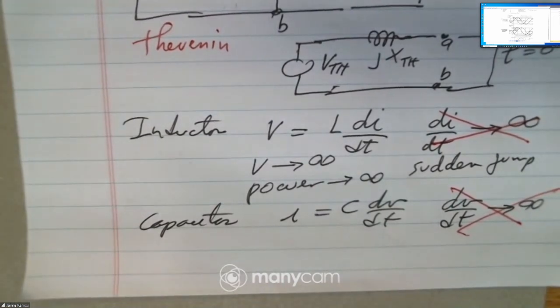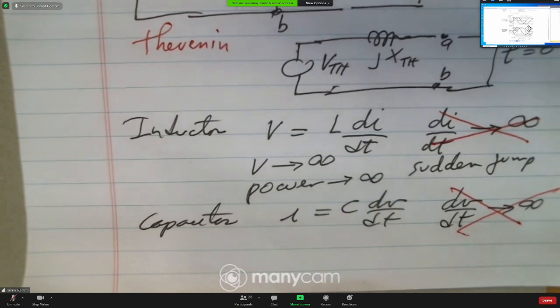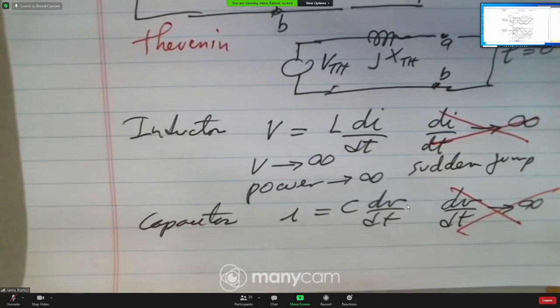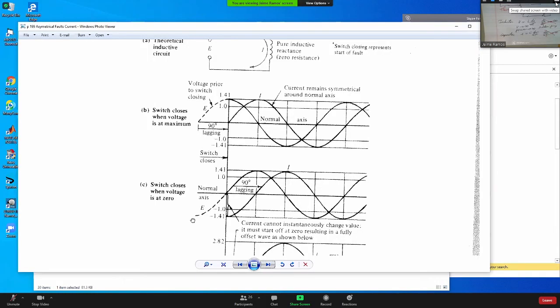For the inductor, the current jump discontinuity is not possible. Right, okay? So therefore, this second graph here is not correct.